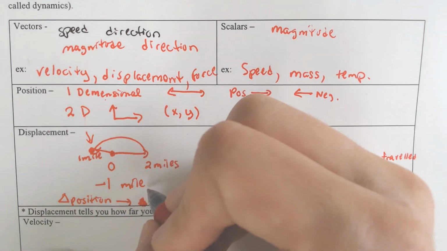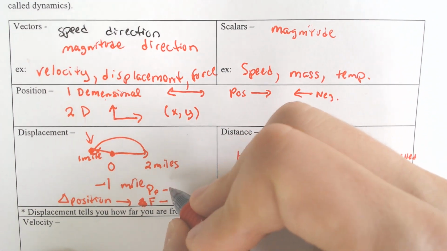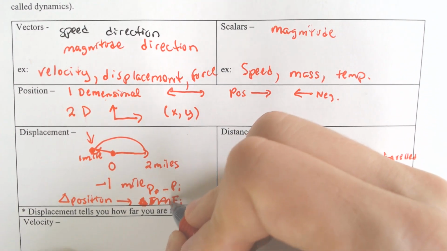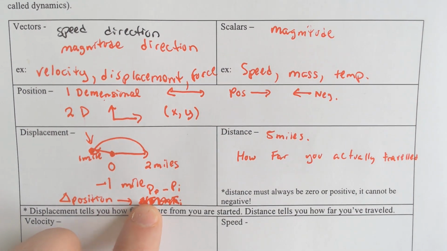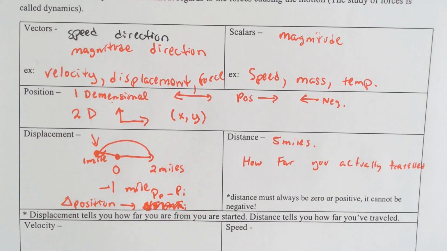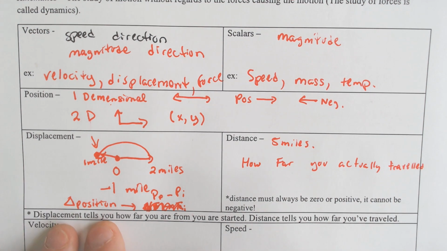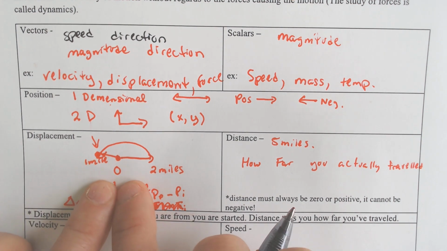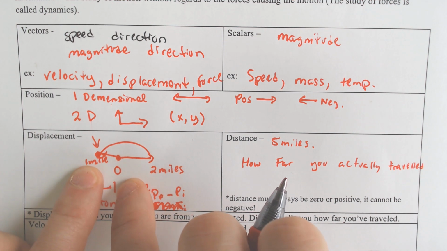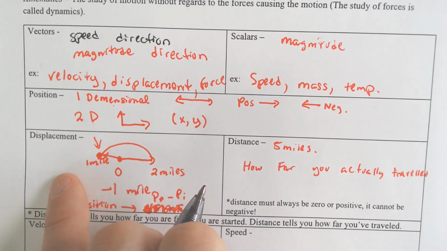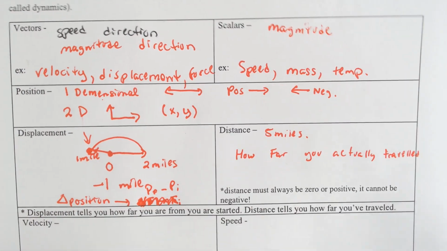So you could take your P_f minus your P_i. I don't know why I did this F. I started saying final and then I wrote the letter F. So take your final position and then subtract your initial position, and you'd be able to get your change in position, which in this situation, we started at 0, and then we moved to the -1 to the left, so we took -1 minus 0, that's -1.